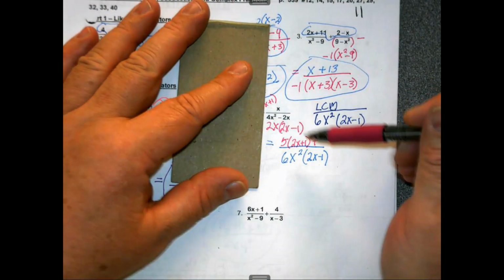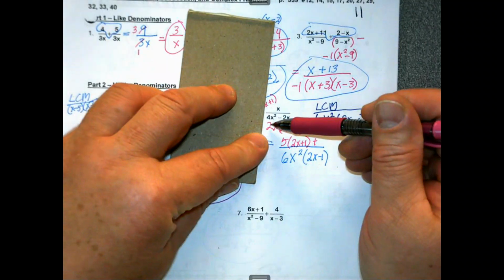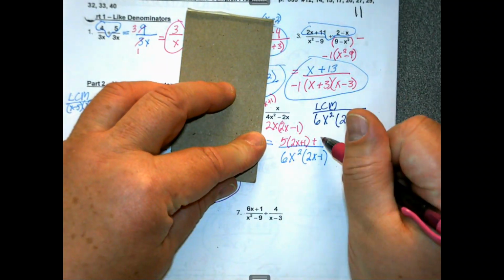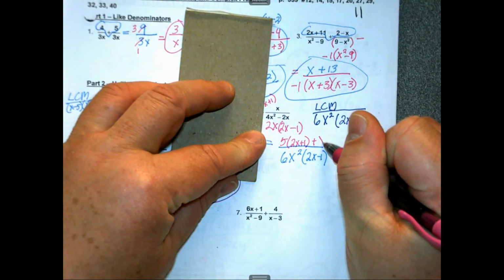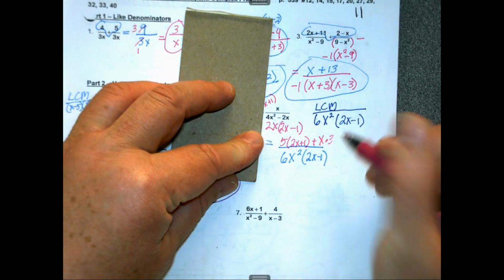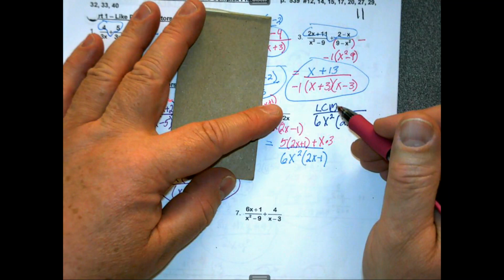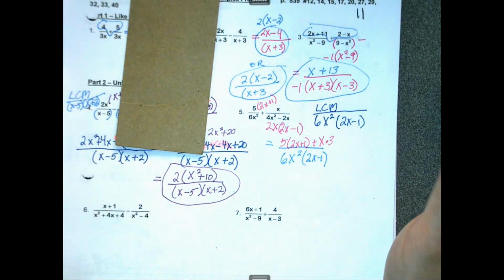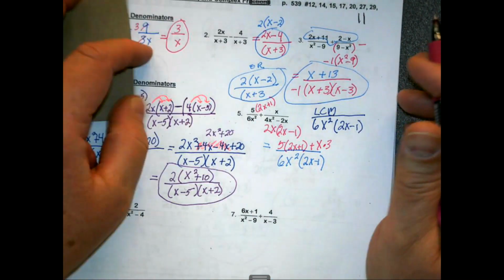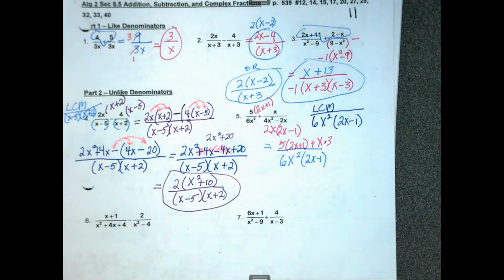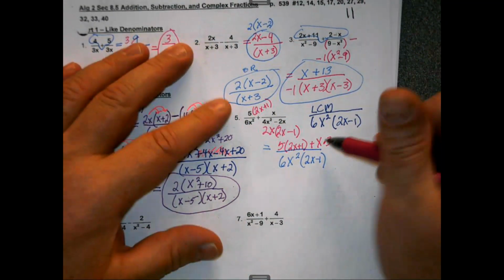Let's see. I have a 6. I have a 2, so I need a 3, right? So I'm going to have to multiply that x by 3. And that's it, right? Yep, 3. Oh, am I? No, I got the x. Okay, that's it then. Okay, let me just double check.